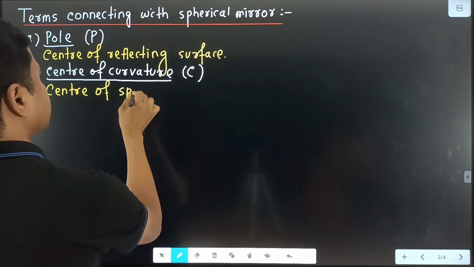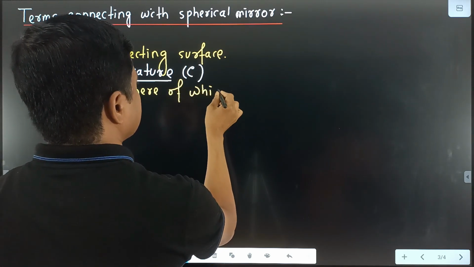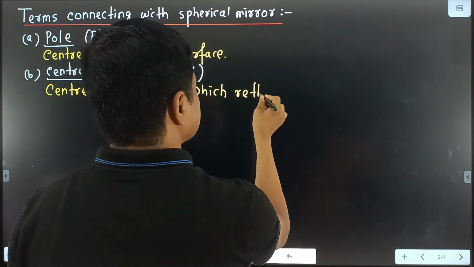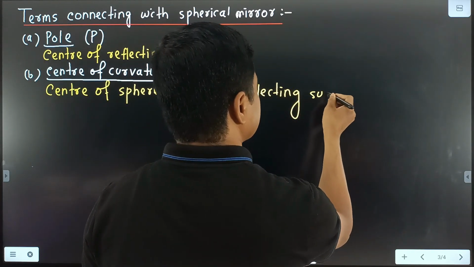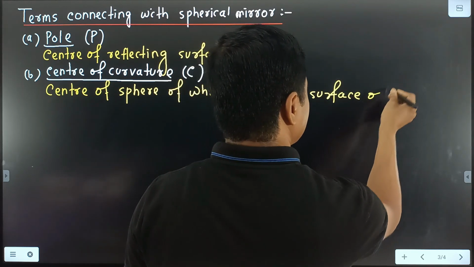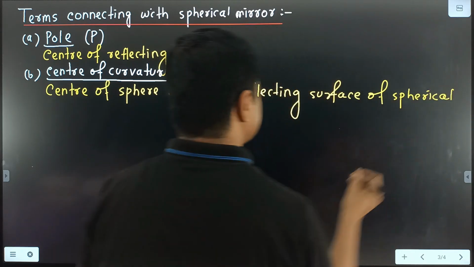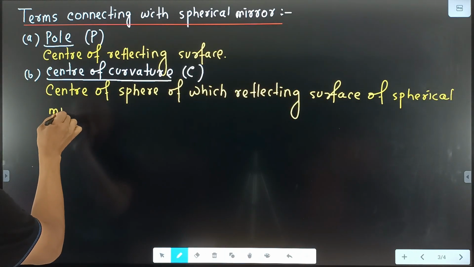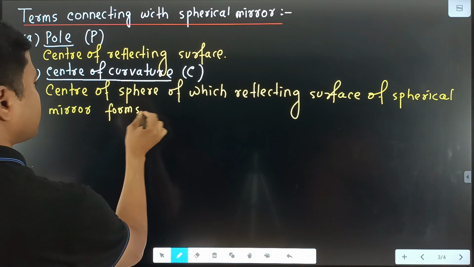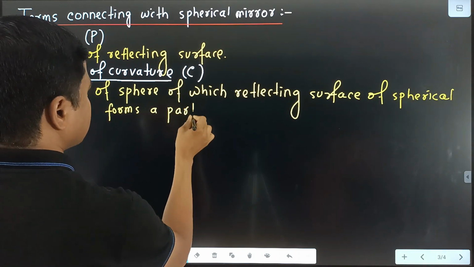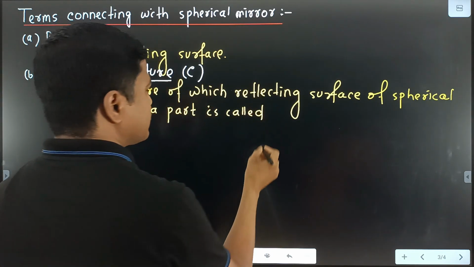And simply write: center of sphere of which reflecting surface of spherical mirror forms a part is called center of curvature.